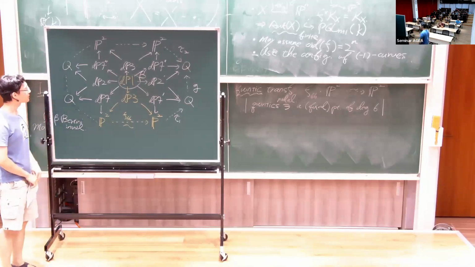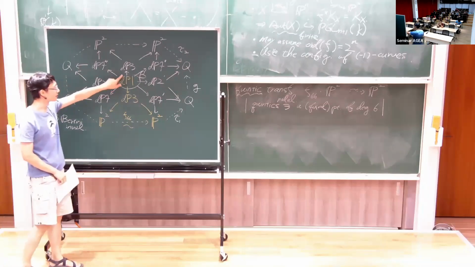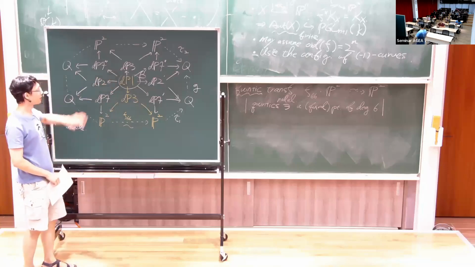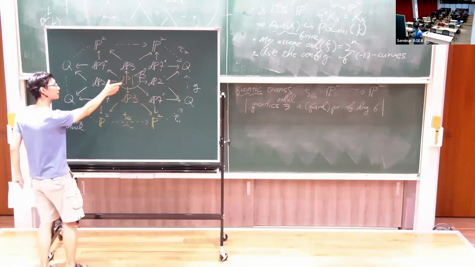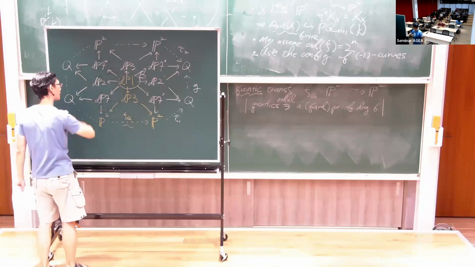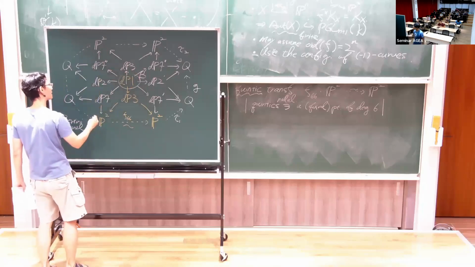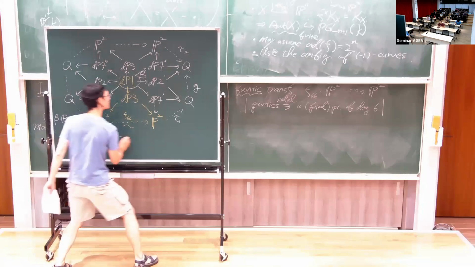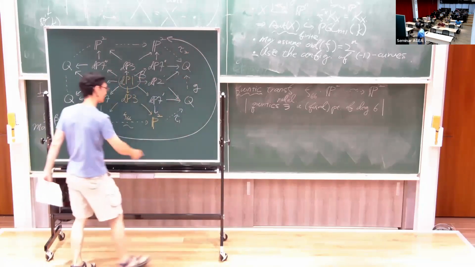It acts on this diagram, or more precisely, it acts on the set of -1 curves on this dp1 in a non-trivial way. So it also acts on this whole diagram, and its action is obtained by rotating this diagram by 180 degrees.